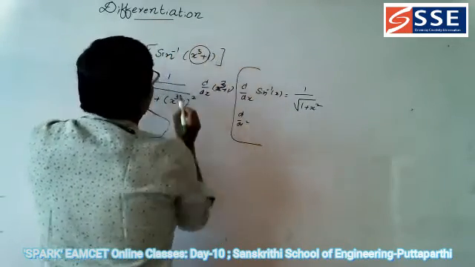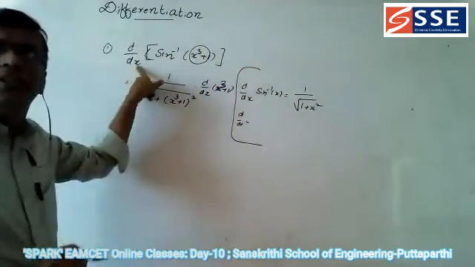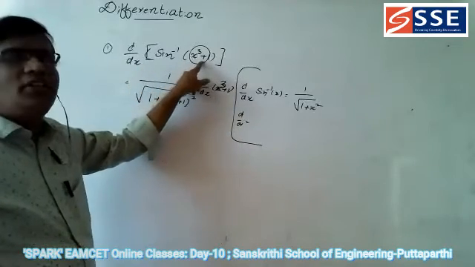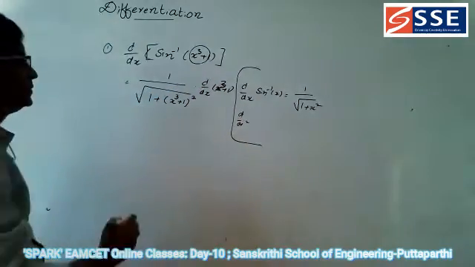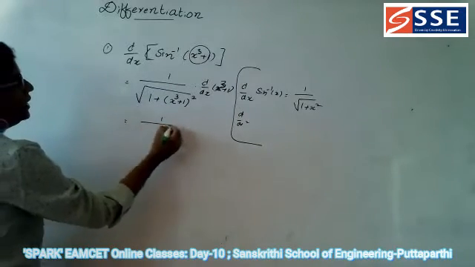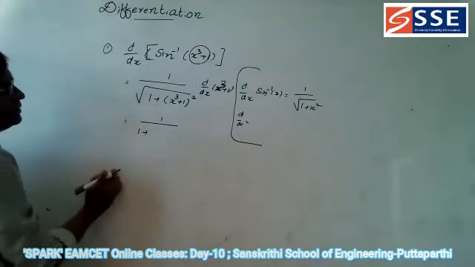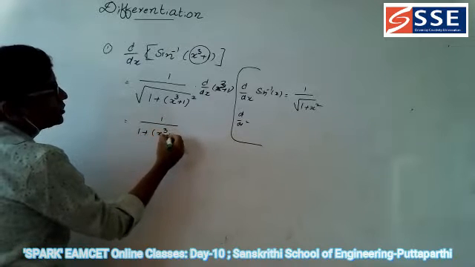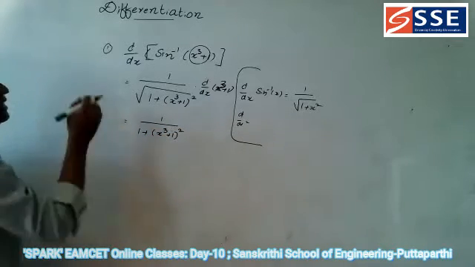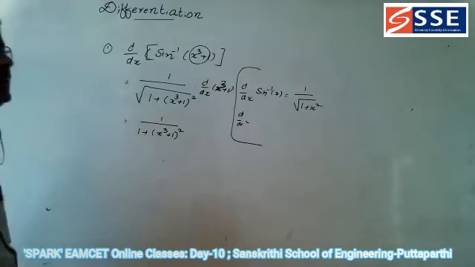Why? Because it contains x. With respect to x we are doing the differentiation. That's why you can go for the differentiation of this term. So 1 divided by 1 plus x cube plus 1 whole square. Expand it or keep it like that, no problem at all, that is your will and way. By seeing the options, you can simplify it.